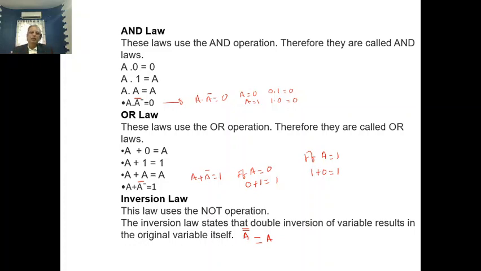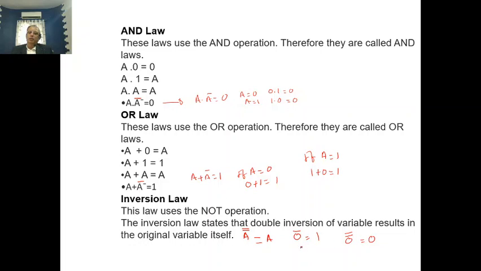The last law is the inversion law. This law uses the NOT operation. The inversion law states that the double inversion of a variable results in the original variable itself. If we take 0 and invert it, that becomes 1, and inverting again, the double inversion becomes 0.